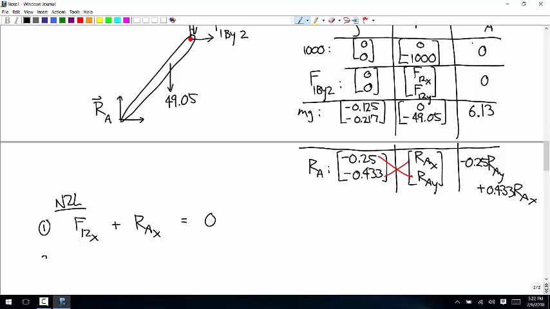Add up all the y components of these forces, and that gives you the second equation that says negative 1,000 plus f12y minus 49.05 plus RAY is equal to 0.